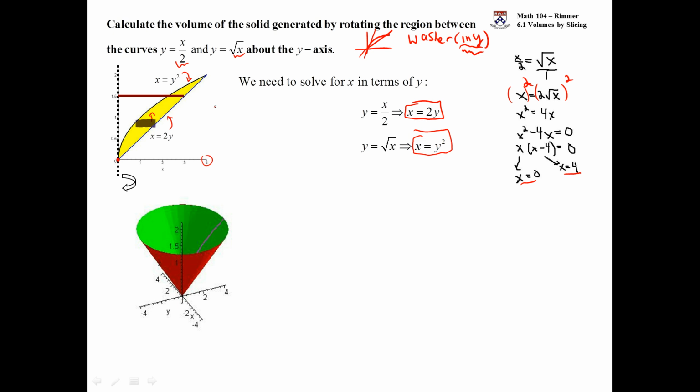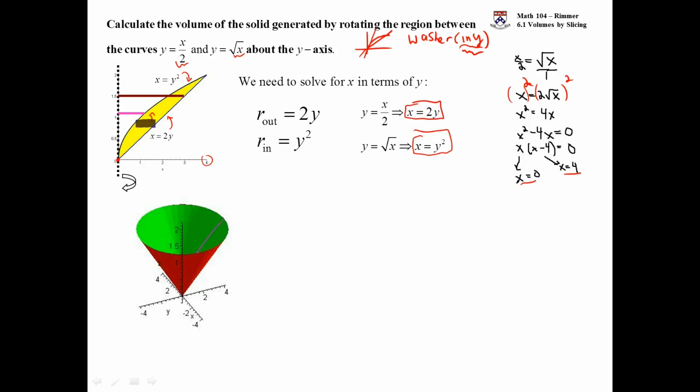Remember that the distance off the y-axis is x, and so that makes the outer radius twice y, the x distance to the line. The inner radius goes from your axis of rotation just up to your region, and that's the distance off the y-axis to the curve. So that's that x distance, which we called y squared.